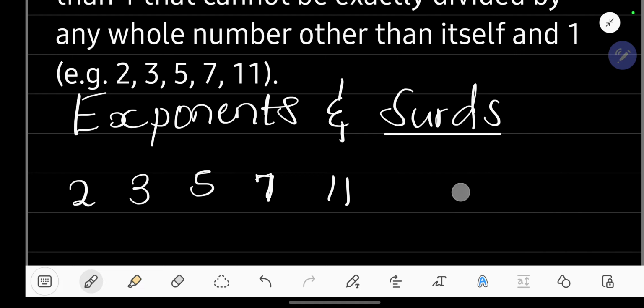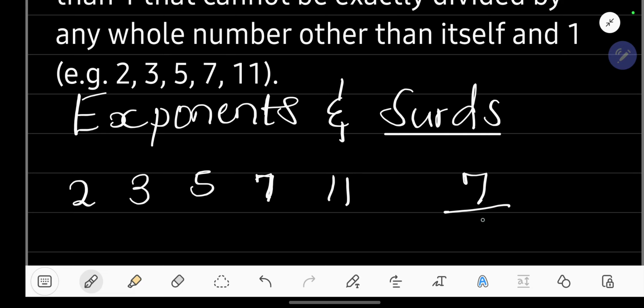Normally, prime numbers are those numbers that you can only divide by 2 numbers, and those numbers are 1 and itself. For instance, 2: you can divide it by itself, it gives you 1, and you can also divide it by 1, it gives you 2. Let's check 7.